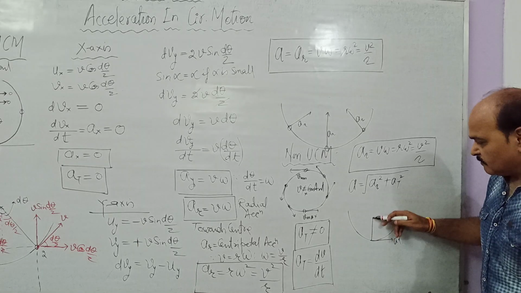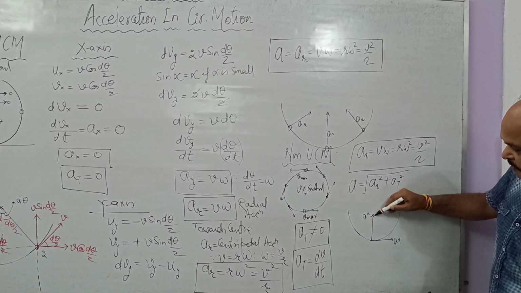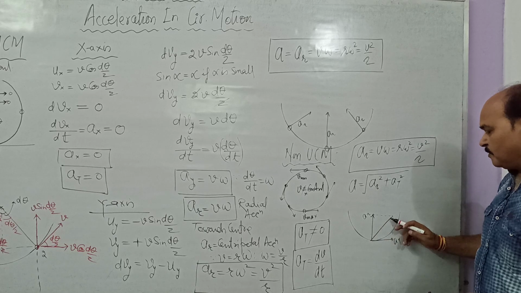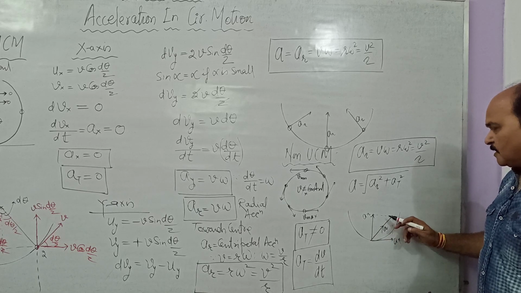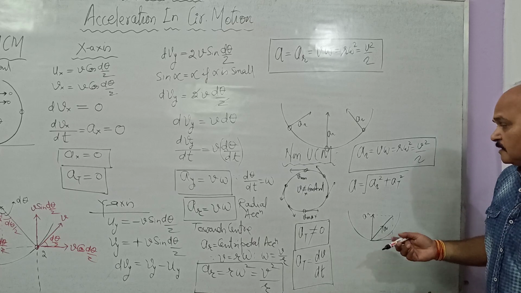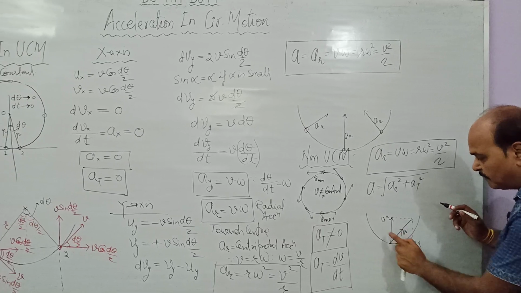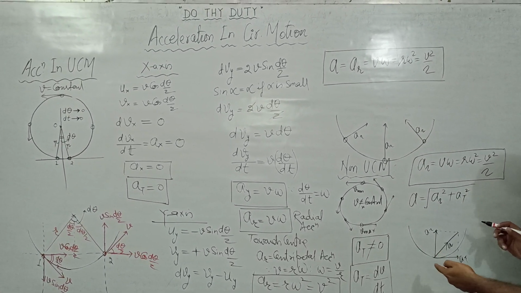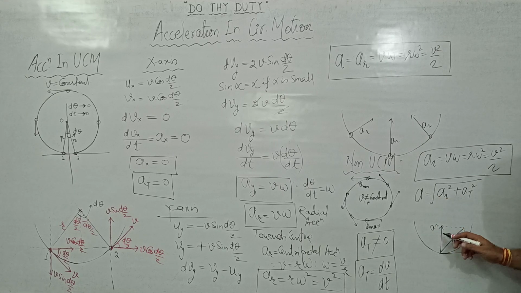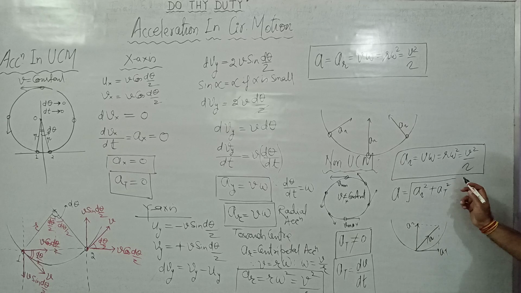This is radial acceleration which is towards center, centripetal acceleration, and the overall acceleration is going to be the vector sum of both, somewhere in between, and that in-between direction is the direction of net acceleration. And what is the value of net acceleration? We know how to find the sum of perpendicular vectors: it is always the square root of the sum of their squares.